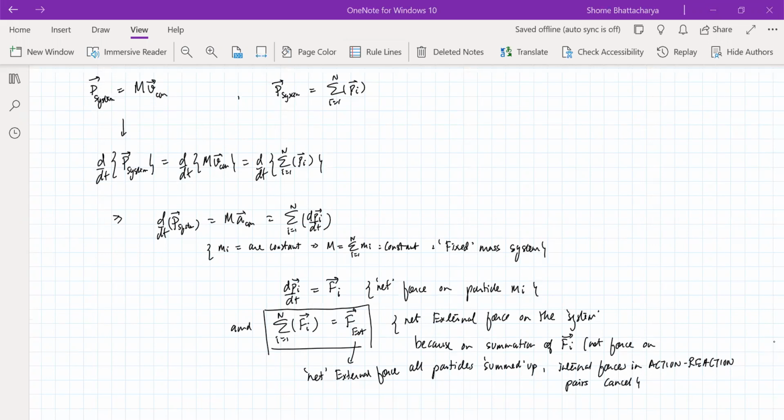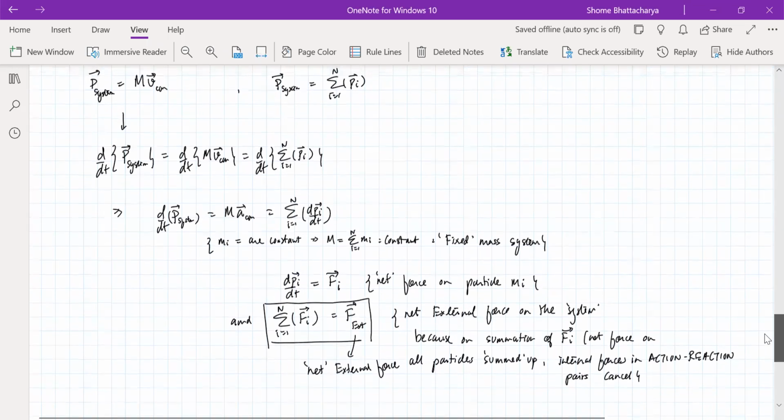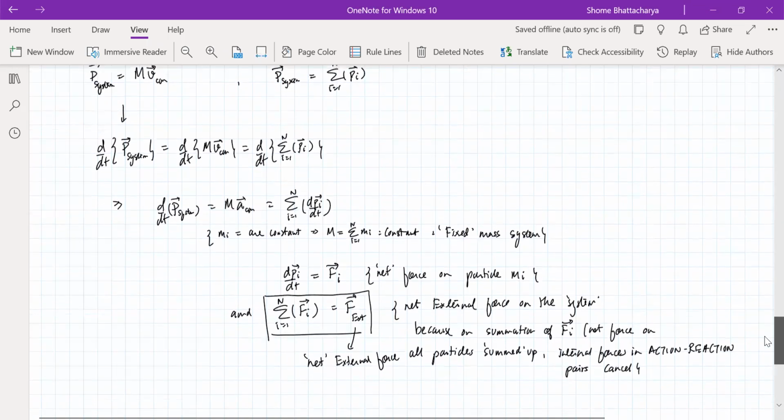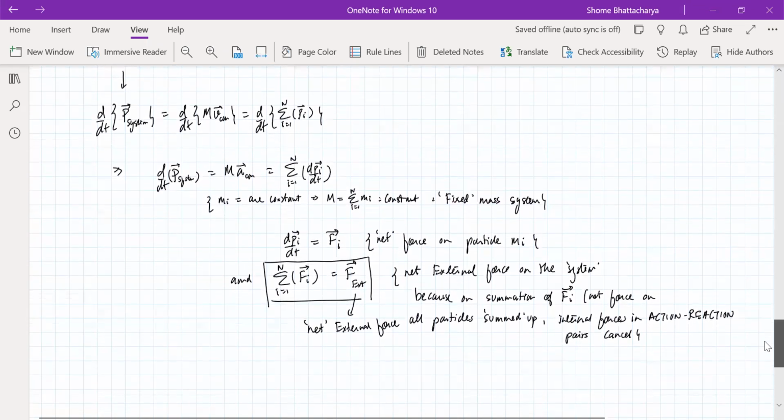So external forces are the vector sum of all the forces acting externally on the system. Acceleration is the effect, beta. Force is the cause. So whatever external agents are applying forces on the system, if there are multiple forces, then we have to sum them up, and that is the net external force. Okay.